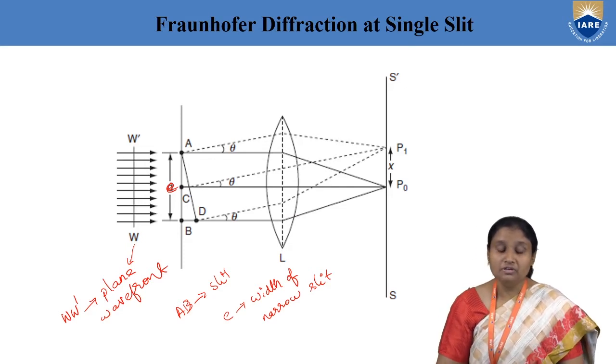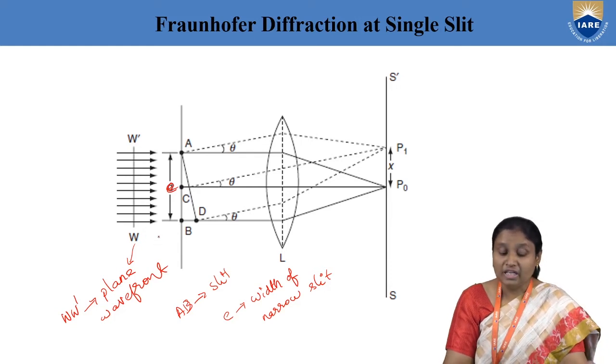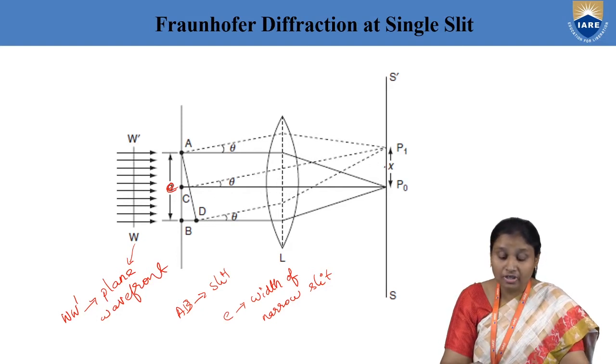So what we have here, first we have a plane wavefront. For that we have to keep our source at infinite distance, and the plane wavefront is made to fall on the single slit AB whose width is e, and e is very small. Then whatever diffraction or spreading of light waves is taking place after the slit, in order to record them on the screen, we are making use of the convex lens L, and this screen is kept in the focal plane of the lens.